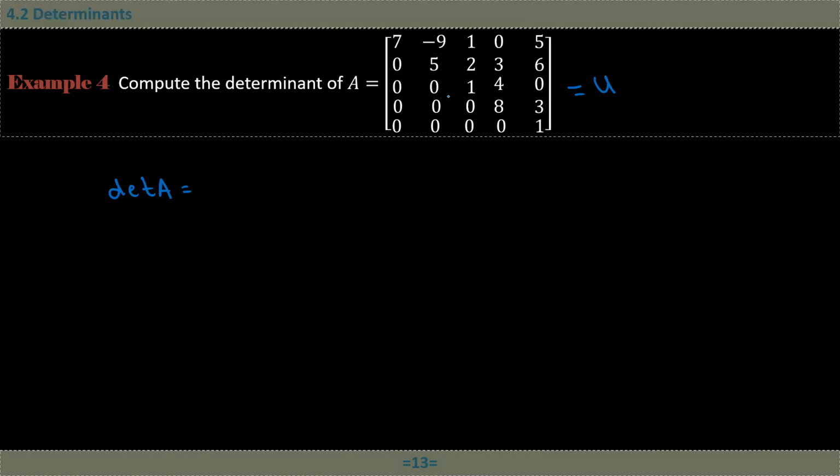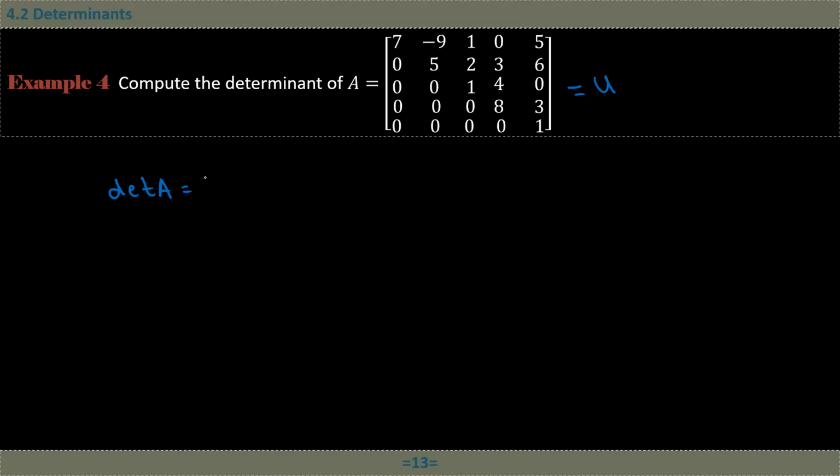If you're given either a lower triangular matrix or an upper triangular matrix, what is the determinant? Since all the components under the main diagonal are 0, the determinant is equal to the product of the components in the main diagonal.